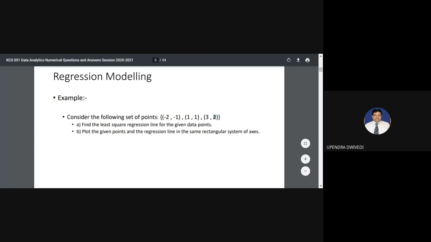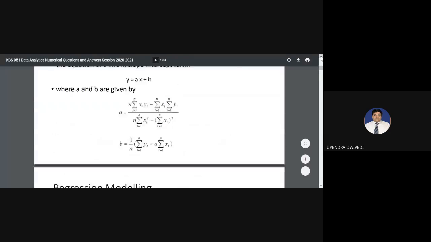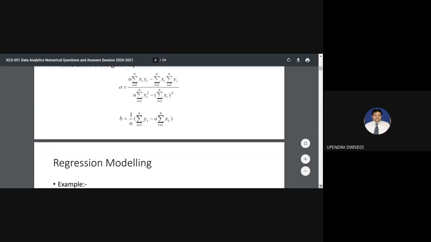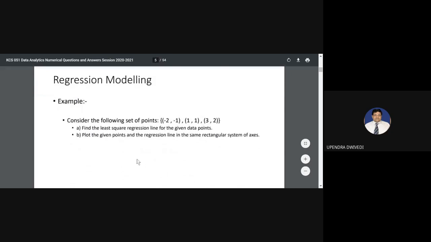Now we have to find the least square regression line for the given data points. What is the meaning of that? We have to find this equation, y equal to ax plus b. The second question is to plot the given points and the regression line in the same rectangular system of axes. That is the plotting, which is more of a programming part.